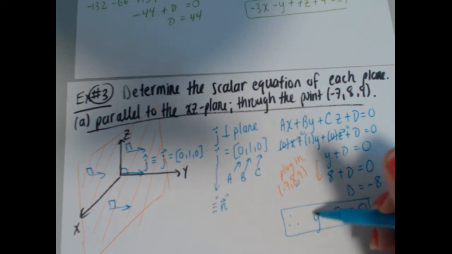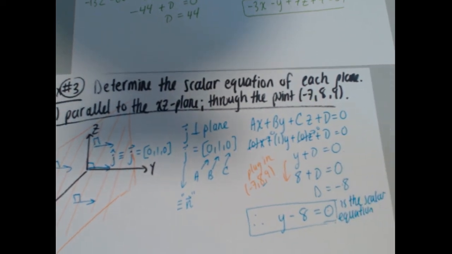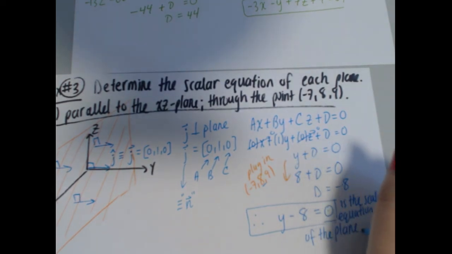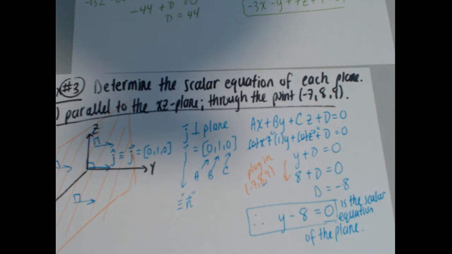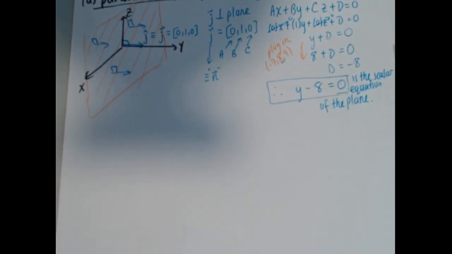But sure enough, in this particular instance, this represents the equation of a plane. So therefore, this is the scalar equation of the plane. Okay, so there's part A. Let's move on to part B.